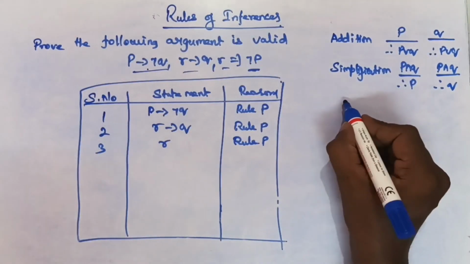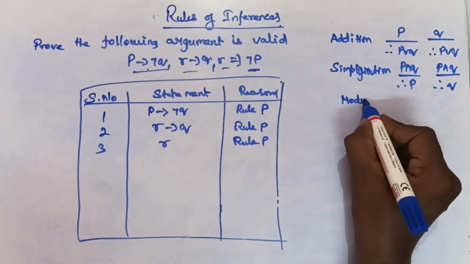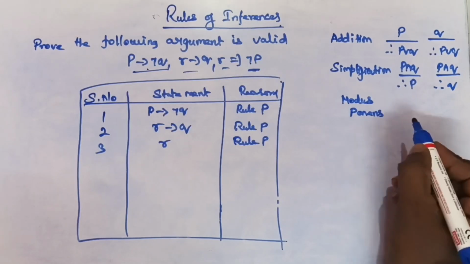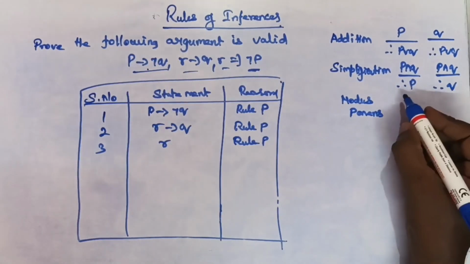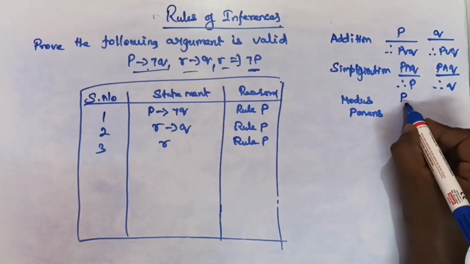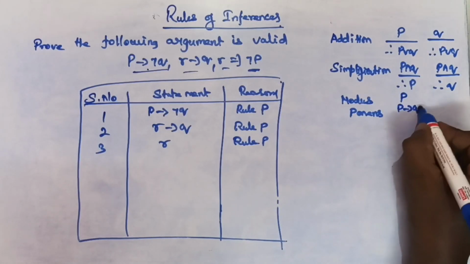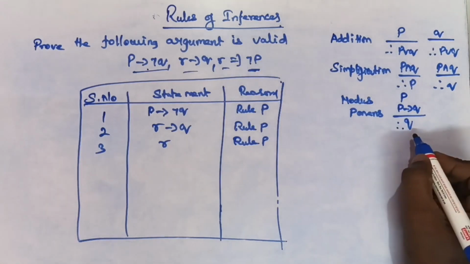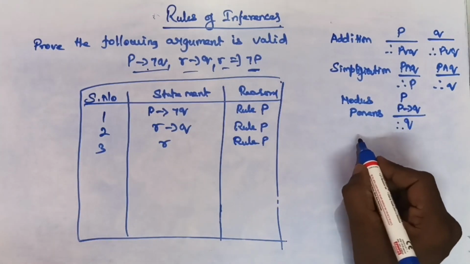Simplification. Modus ponens, a mathematician's name, can be written as P and P condition Q gives Q. P and P condition Q is modus ponens.